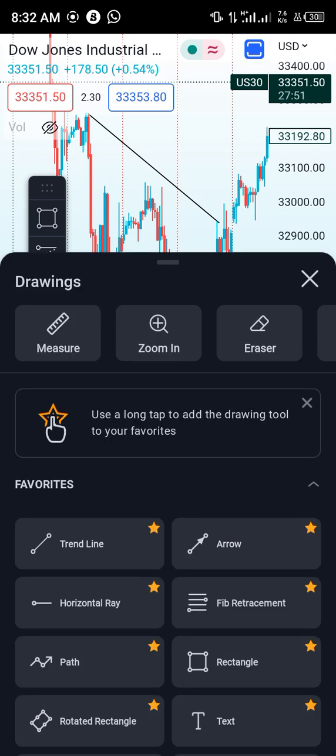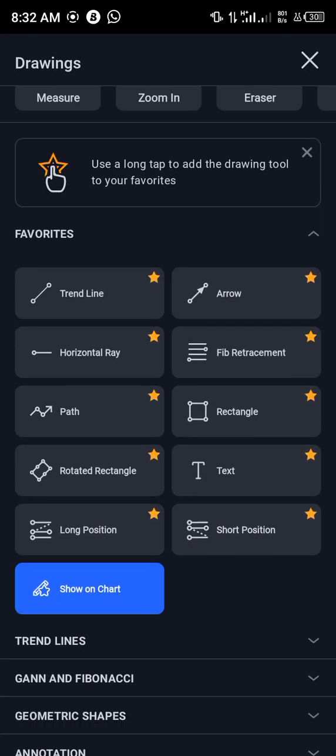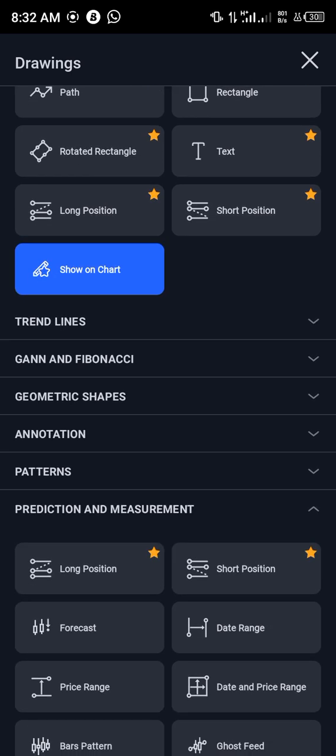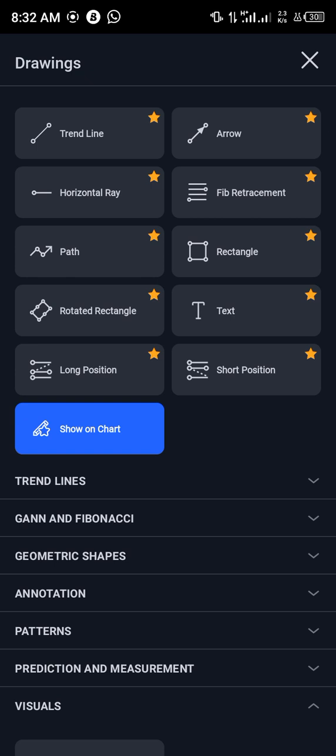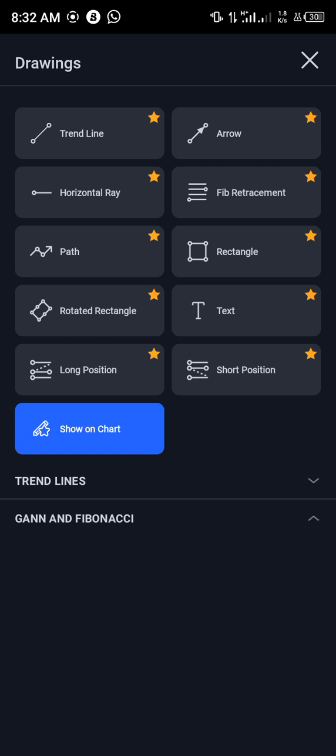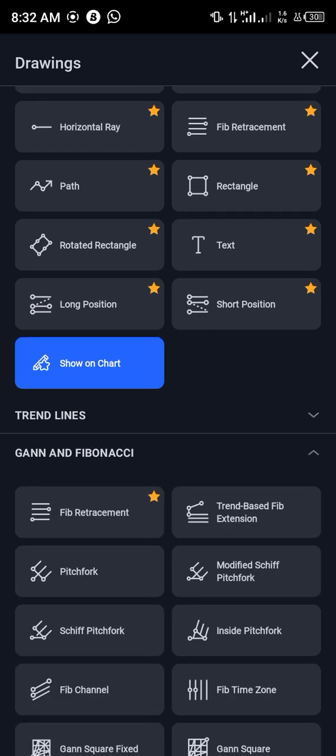We'll click on it, and then scroll to Gann and Fibonacci. Like you can see here, you have trend lines. If you want to do anything line related, I've already made a video on that one, so if there's anything you don't understand here, you can go and check that video. So we are going to select Gann and Fibonacci now, and then you see Fib retracement.